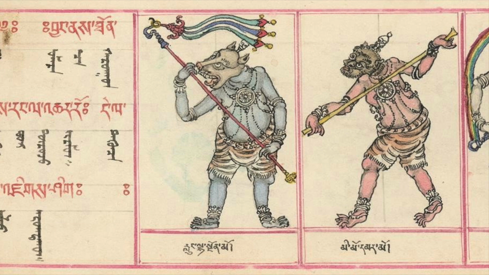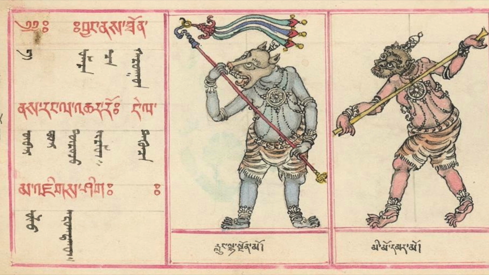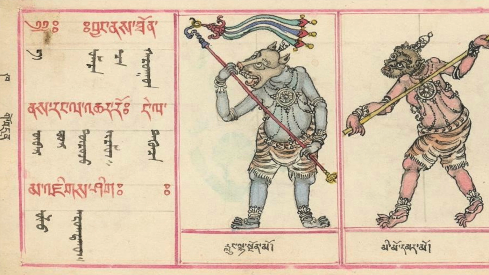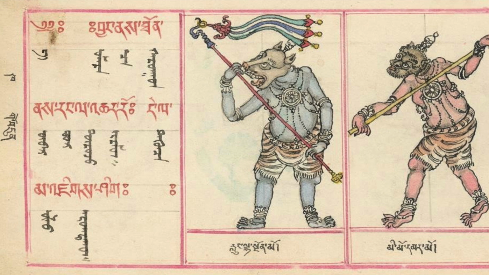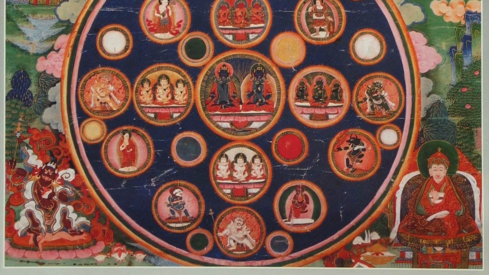Now, in terms of the figures that represent the Bardo Todal practice, because remember, the Bardo Todal is a meditation practice, and it is composed really of 42 and 58 different deities, 100 in total, so we could say the 100 peaceful and wrathful deities.